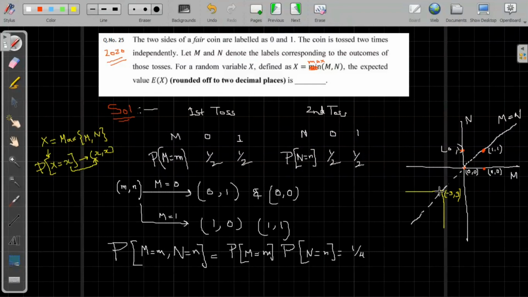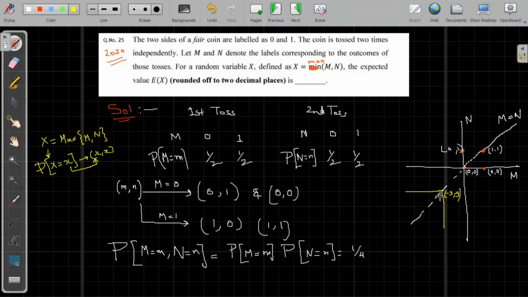You can see here there is no point lying on this boundary, since all the 4 points are located here. Out of these 4 points, no point is lying here. So probability that capital X is minus 3, this point is minus 3 comma minus 3. So the probability capital X is equal to minus 3 is 0.